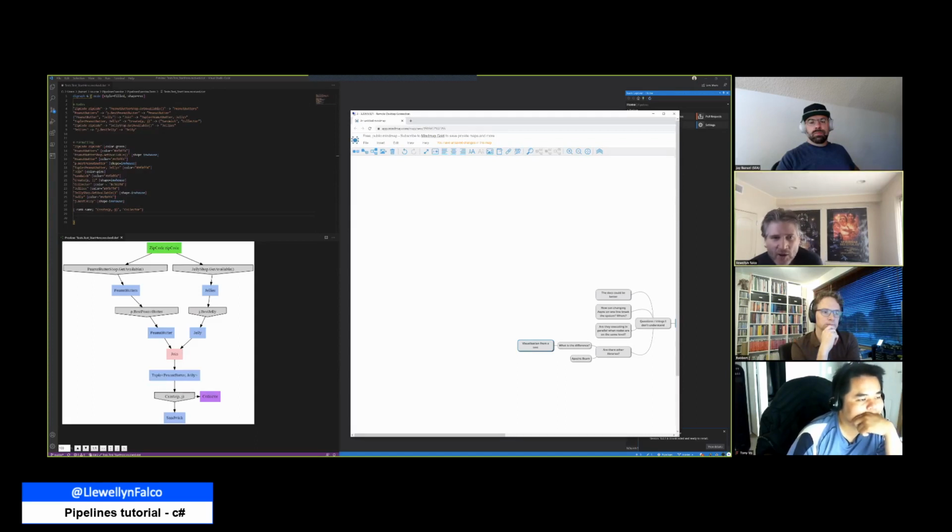The idea that they only exist for that method call and then they disappear, that is something that I think is very different than most pipeline libraries. Most pipeline libraries are, I am creating a pipeline and you're going to throw stuff through it. Does that make sense? You can think of it like an ETL transformation or something.